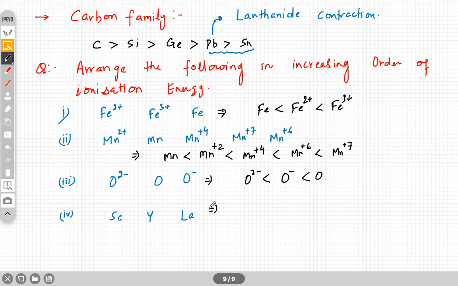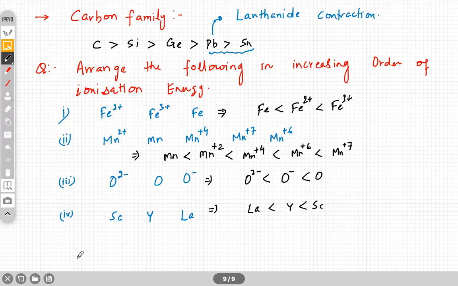You just have to remember the 3d series because it is group 3, and for group 3 the order is 3d maximum, then 4d, and then 5d. 5d is lanthanum, 4d is yttrium, and 3d is scandium. So this is the order of ionization energy we have. Okay, so I hope all of you have done this.